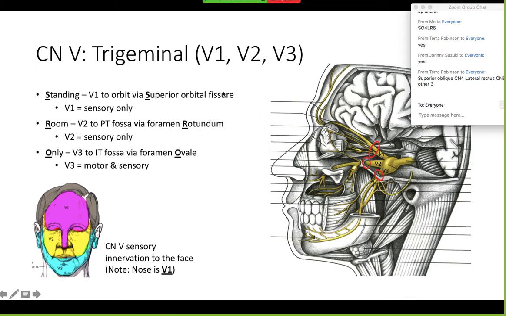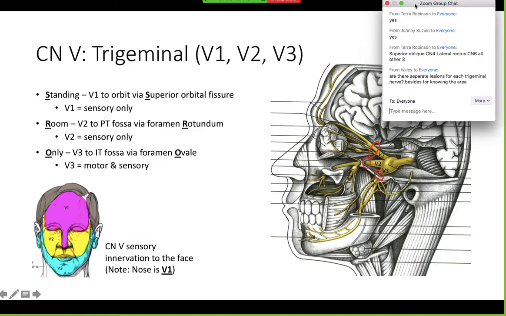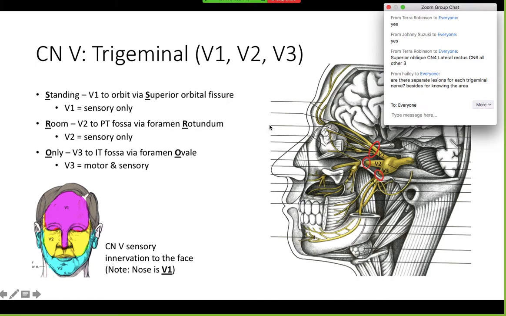I talked a little bit about this last time, but this is very high yield. So you have 3 divisions of the trigeminal nerve, and you want to know... I was kind of saving getting into that when we go over Dr. Leo's drawing of the facial nerve, because I think it's easier to see with that drawing.